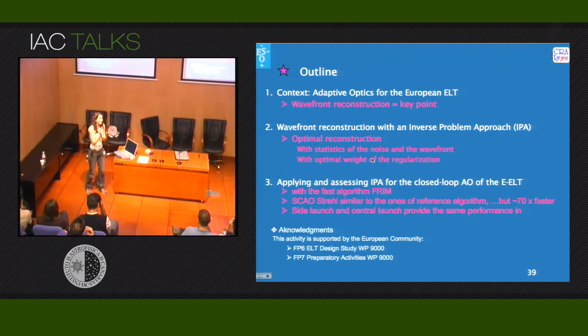So I think in the coming years there will be a lot of studies to really understand which performance we're going to have. But so far there is no plan, as far as I know, to put lasers on the side of the telescope. It must be really far away to have this impact, because of the 30 or 40-meter telescope.